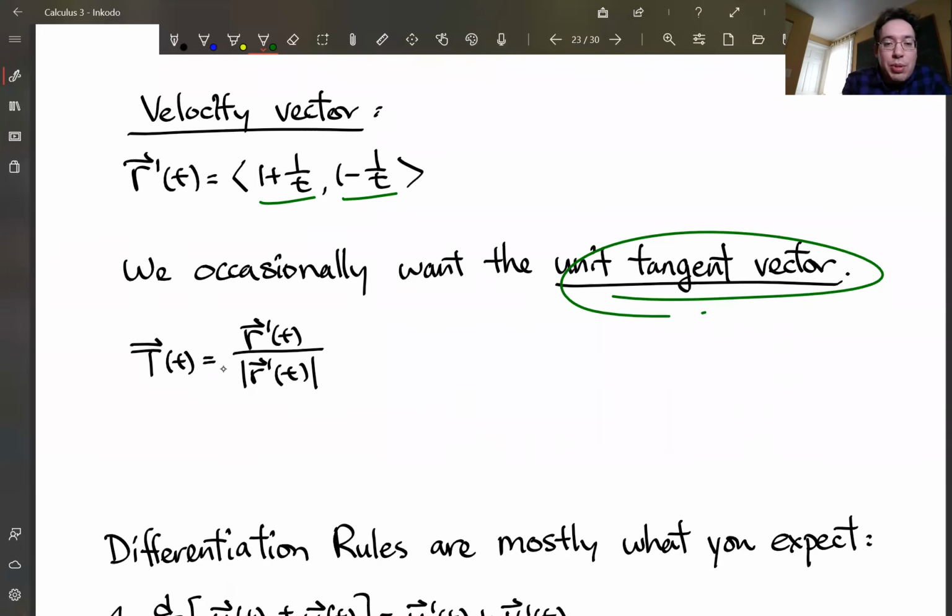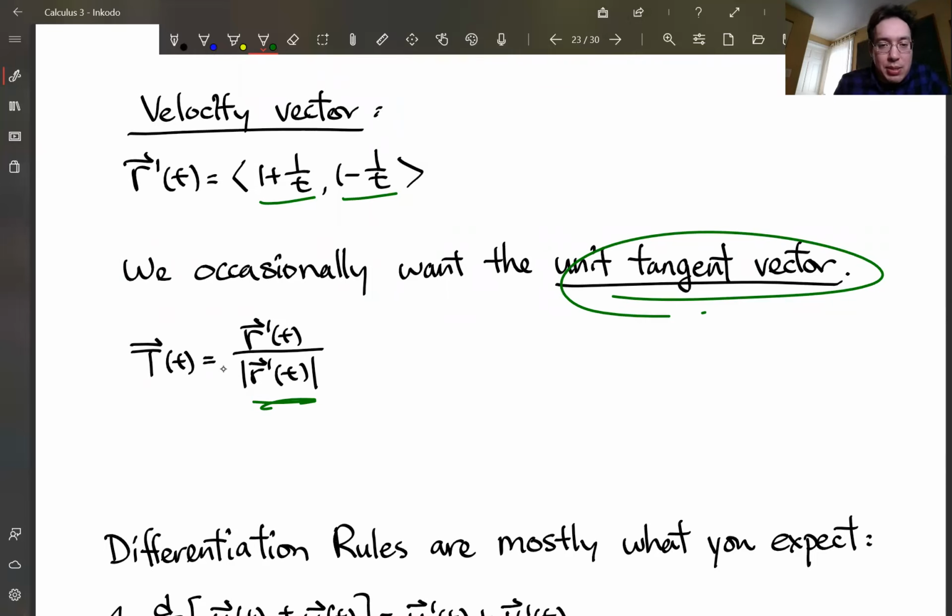So all we do is take the derivative, the velocity vector, and divide by its speed. So we're just dividing by how fast it's going. So the direction doesn't change when we divide by a scalar. We always have a unit, magnitude 1 vector that points in the same direction as the velocity. So that's what we'll end up computing later on.